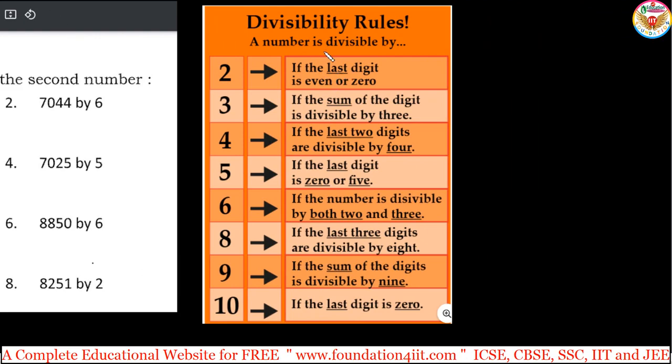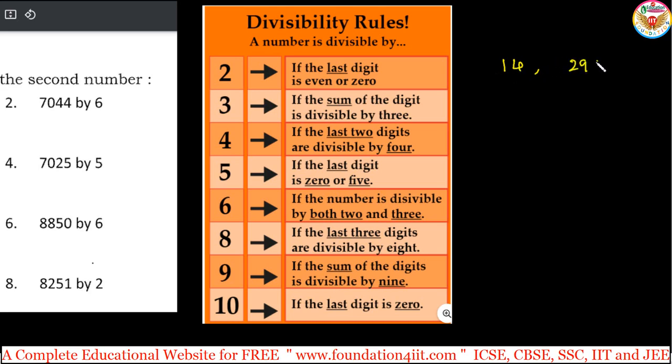Okay. So if any number is given, we check whether it is divisible by the single digits 2, 3, 4, 5, 6, 8, 9, 10 as per your syllabus. If a number is divisible by 2 or not, the first condition is that the last digit is even or 0. For example, 14. In 14 the units place is 4, an even number, so it is divisible by 2.